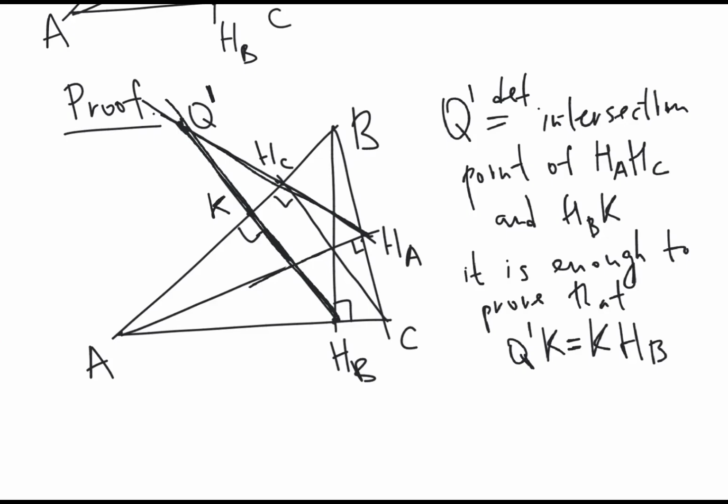So if we prove that Q prime K is equal to K H_B, then it would mean that Q prime is exactly the reflection of H_B with respect to the side AB, right?